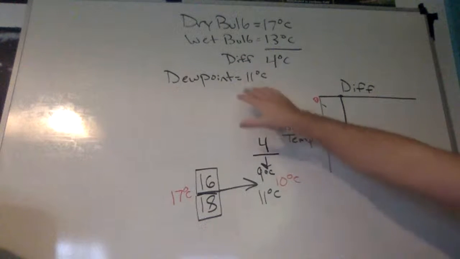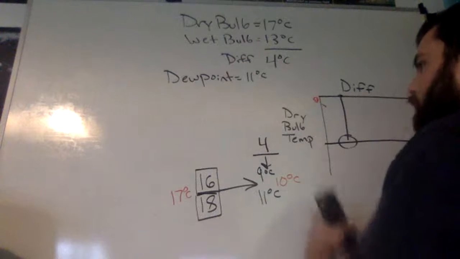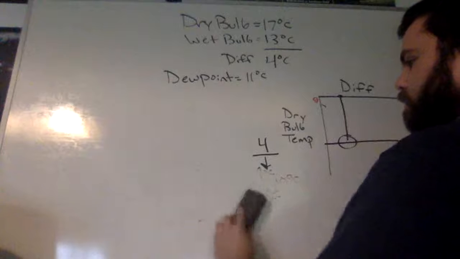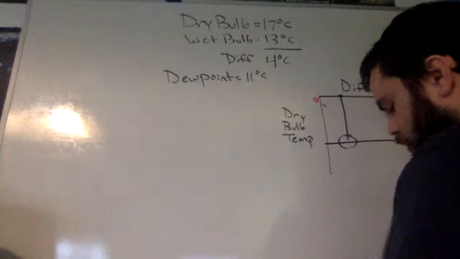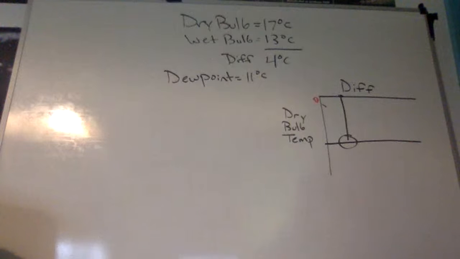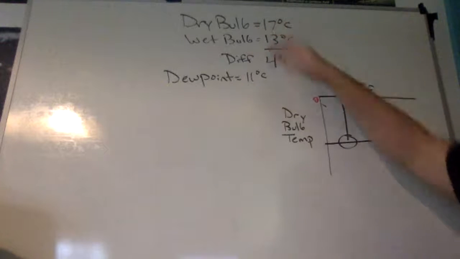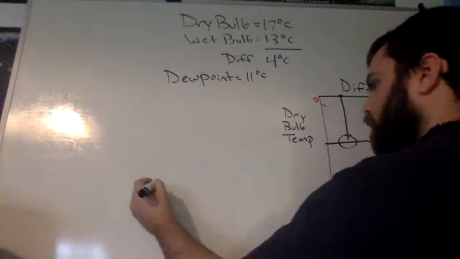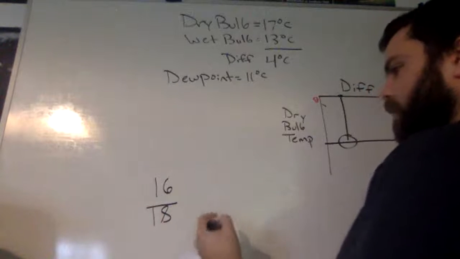So we're going to do the same thing now for relative humidity, okay? I'm going to erase this. Now we're going to look at the 2 numbers that we have to go in between for relative humidity. Our dry bulb is still 17, so we go between 16 and 18 again on the relative humidity side.